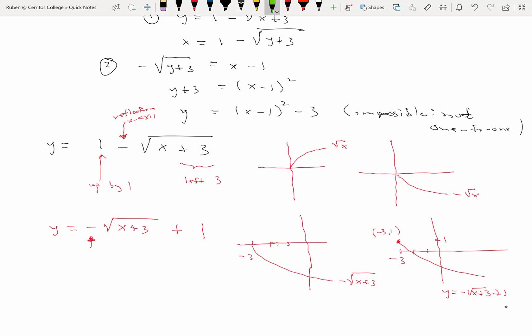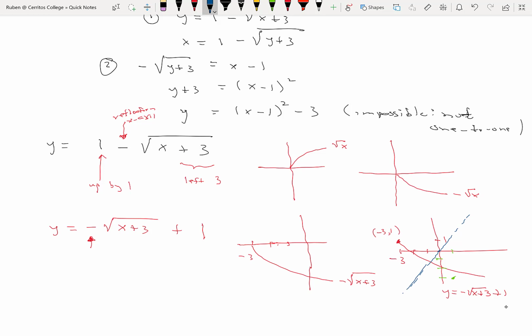Switch them: 1, negative 3. Now the function and the inverse need to be reflections across the line y equals x. So here's the line y equals x in blue.